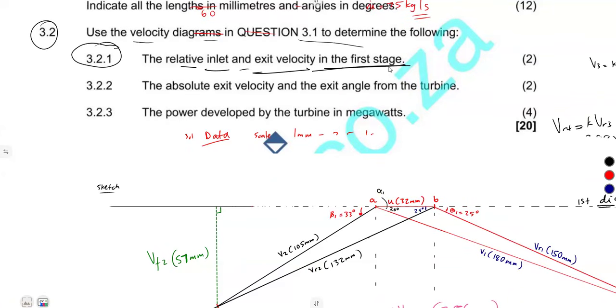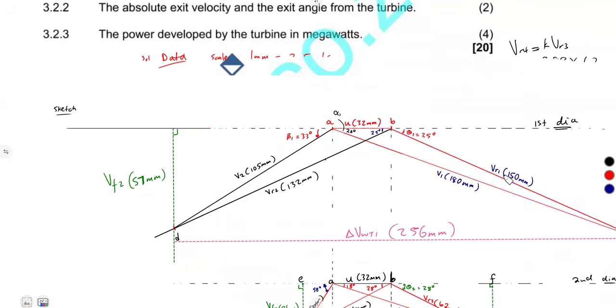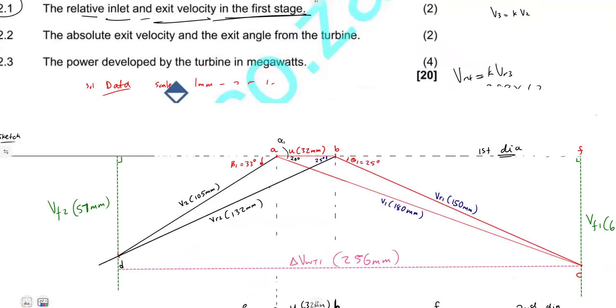The relative inlet, what is entering relative, and that must be of the first stage. So the relative inlet, we have it, and the relative outlet, we have it, the exit. But they are needed in what? Meters per second. So you simply multiply by the scale.